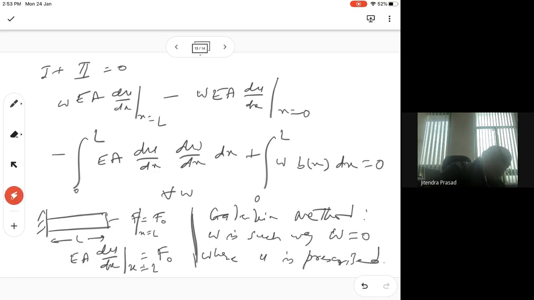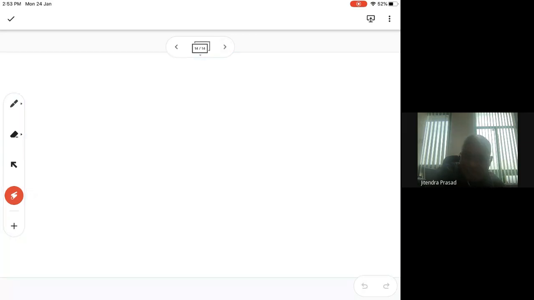Okay. This is how we choose W. Because that is true for any W, it is at your discretion what kind of W you want to choose. So you can choose a W which vanishes where U is defined.